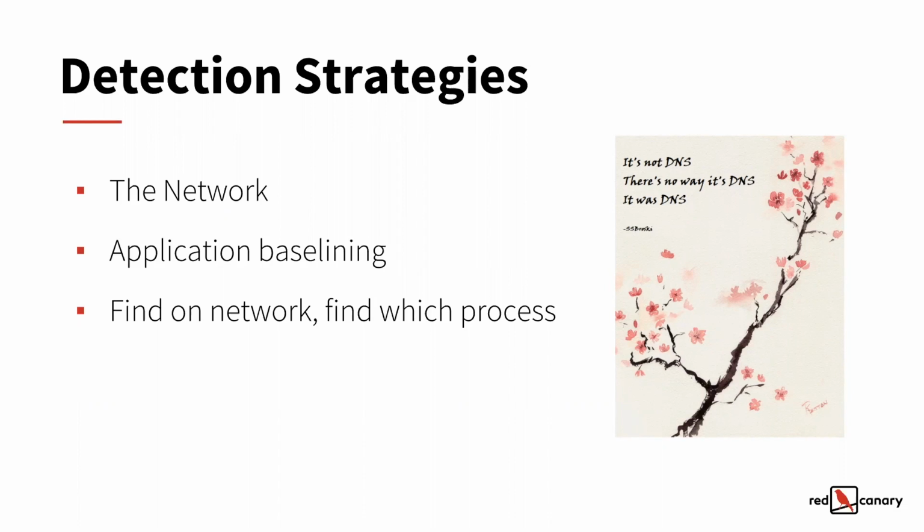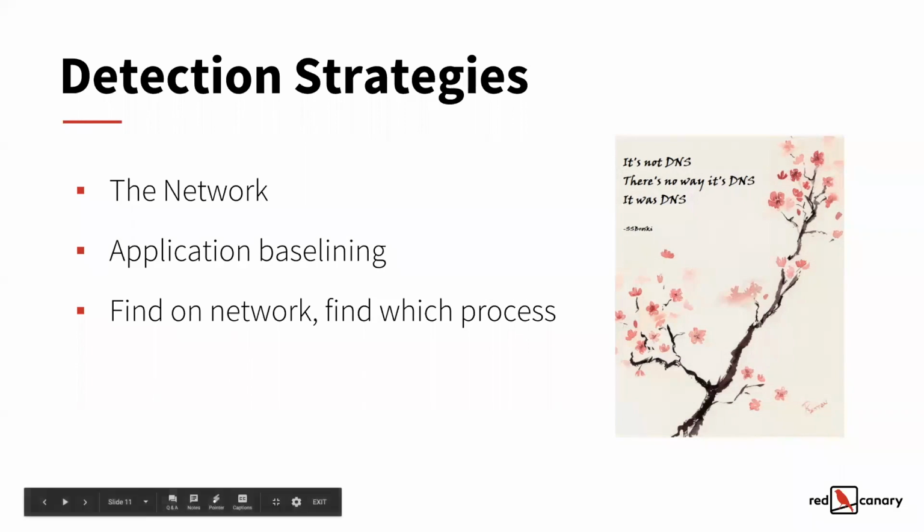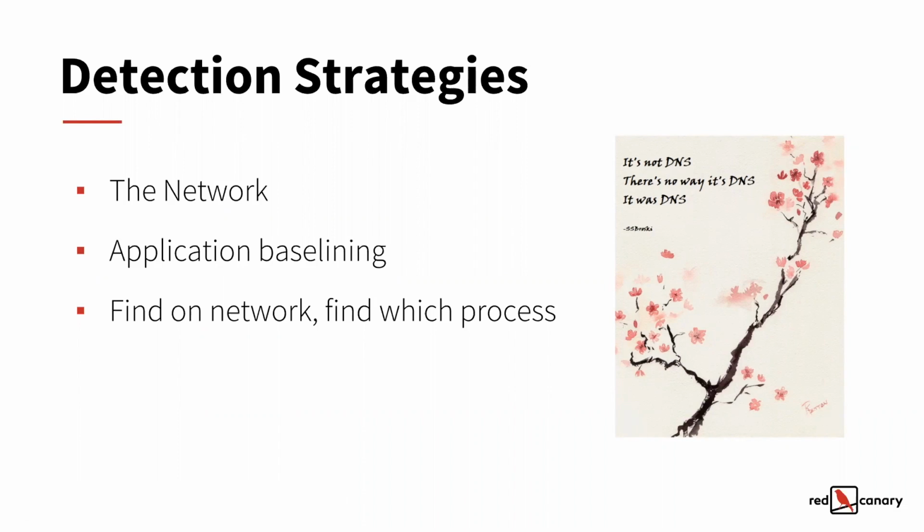And if you have an endpoint-based tool, you can go back, look through those logs, and find the process making those requests. If you start seeing random different applications hitting those IPs, at least you can start to drill in, remove those applications, or confirm compromise on these endpoints.